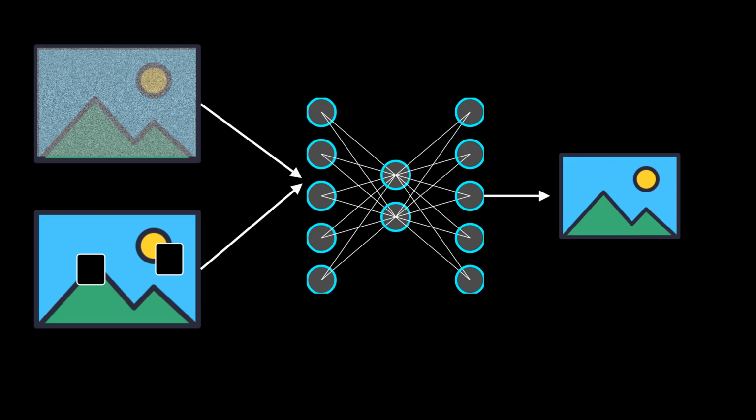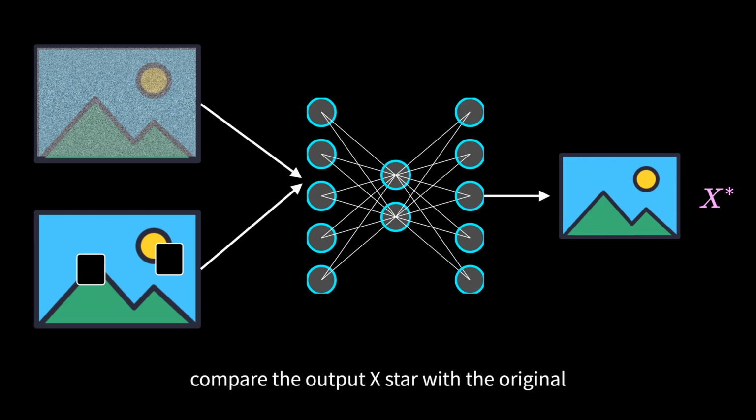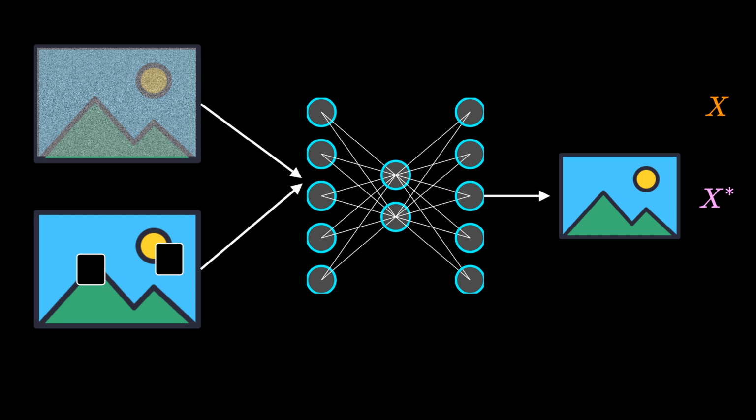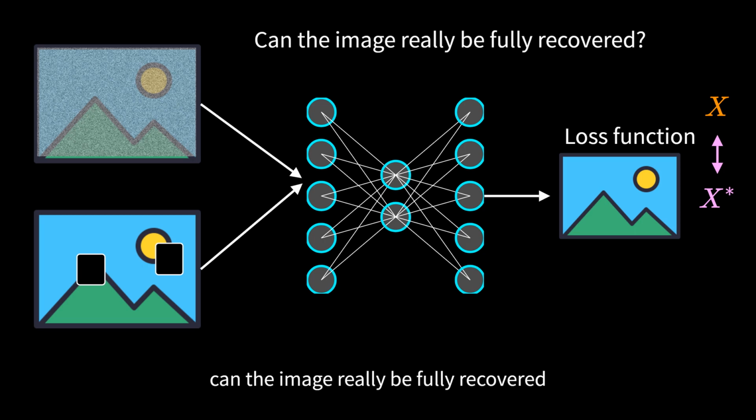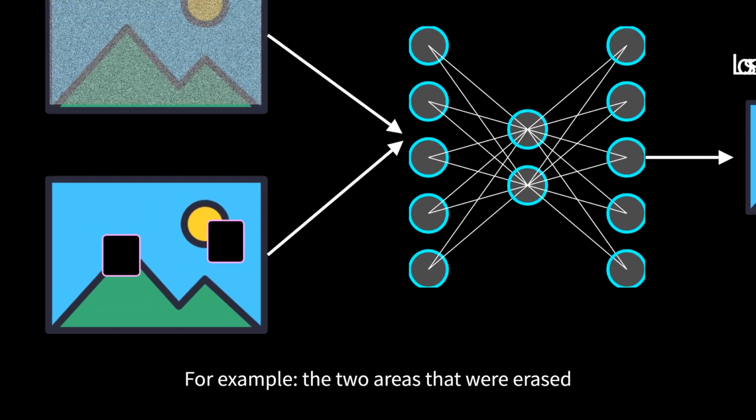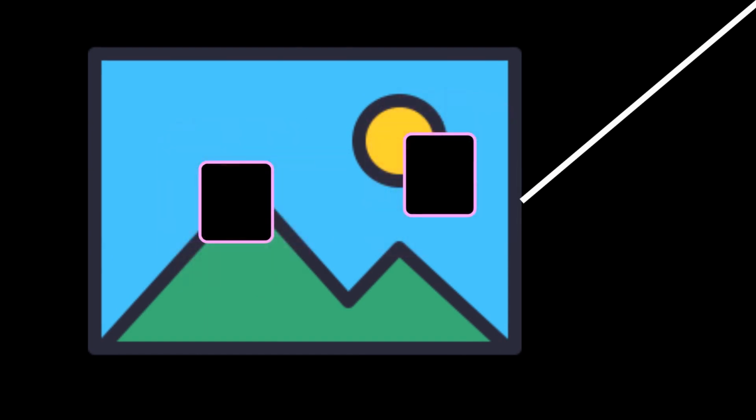That is to say, compare the output X star with the original intact X to obtain the value of the loss function of the difference and try to reduce this difference. Let's think about it. Can the image really be fully recovered? For example, the two areas that were erased here.